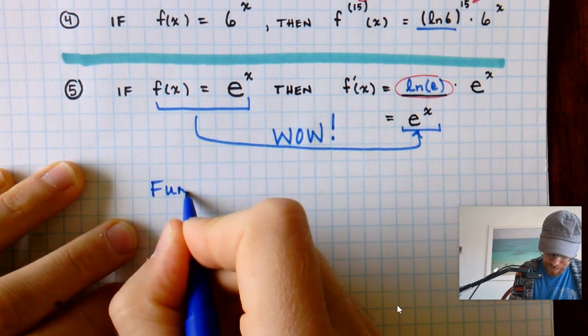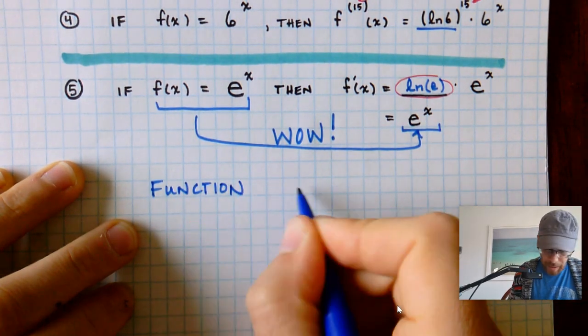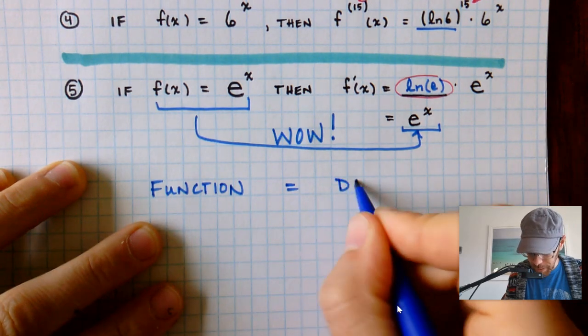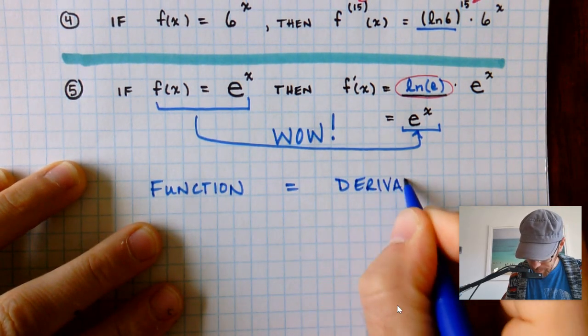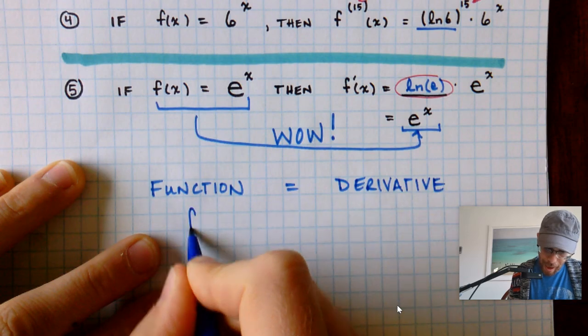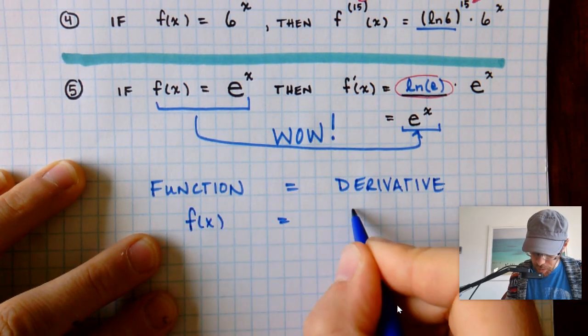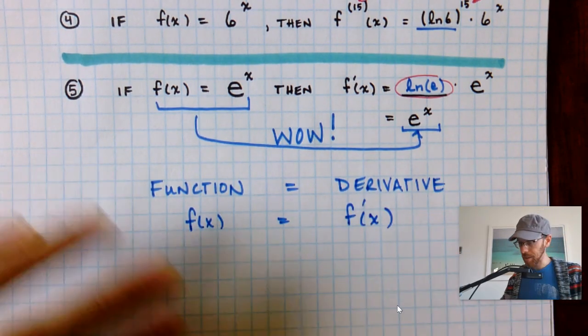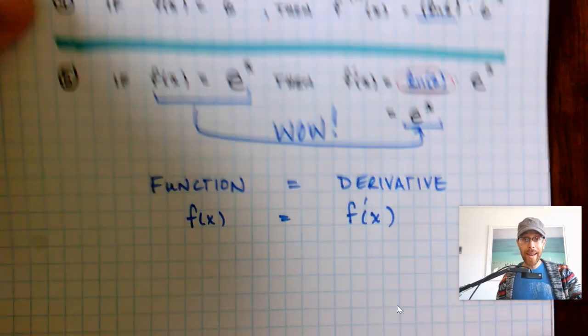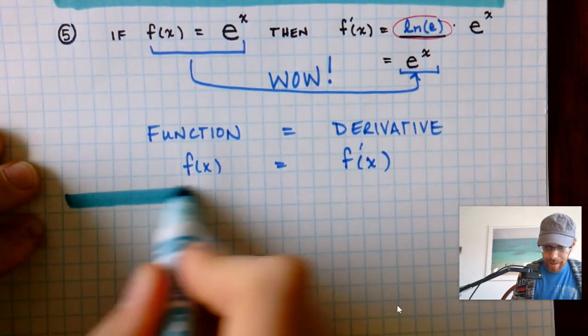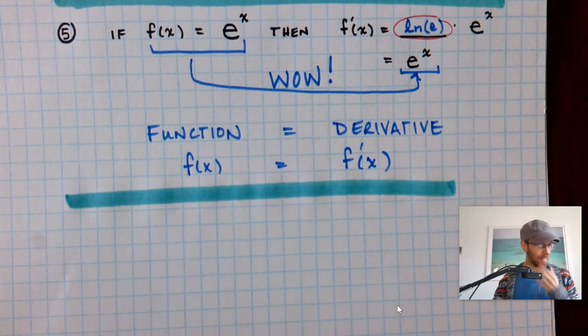Function equals derivative. f of x equals f prime of x. Now, how is that going to help us? Well, doesn't that make things a lot simpler?